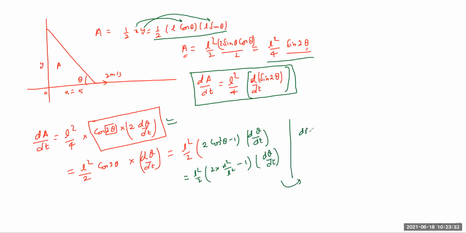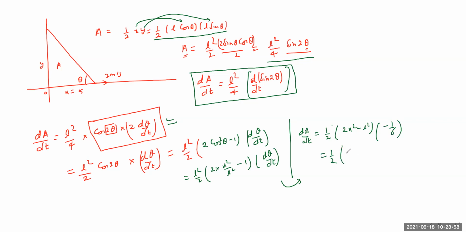So dA by dt turns out to be something very big. What I'll do, I can take 1 by 2 and multiply L square inside. I'll write 2x square minus L square, and d theta by dt is minus 1 by 6.